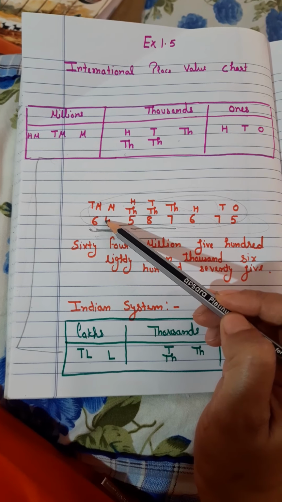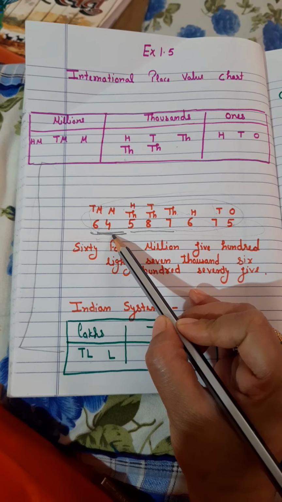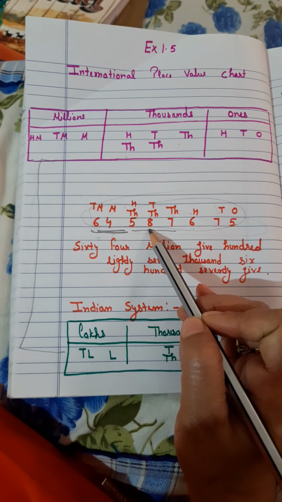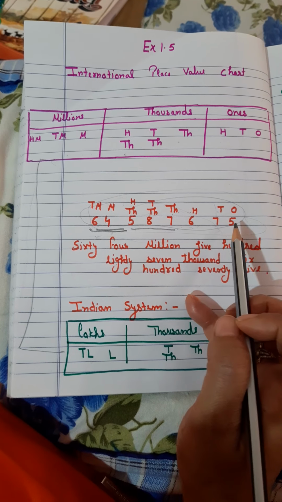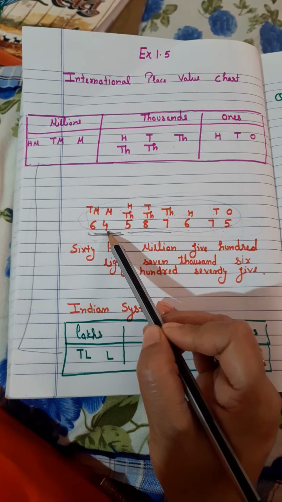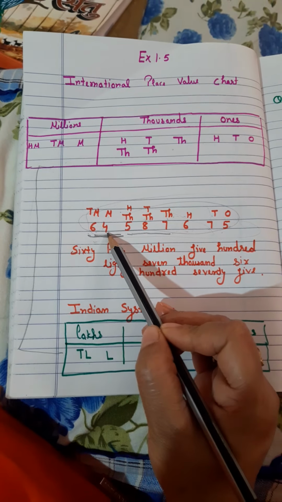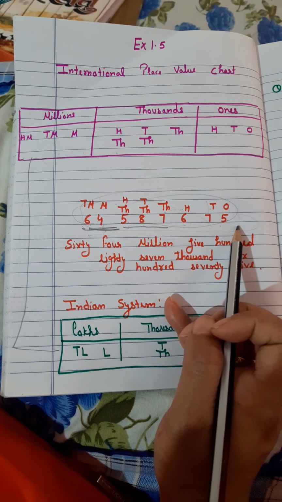So the number to be written is 64,587,675. Again I am repeating, 64,587,675. Clear?